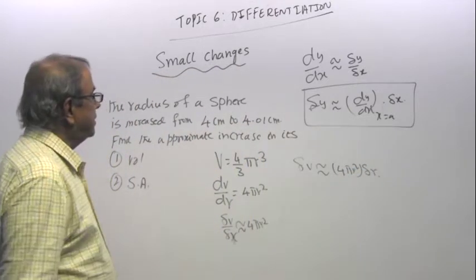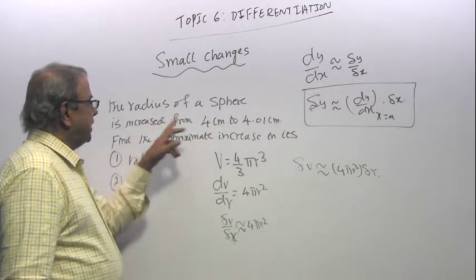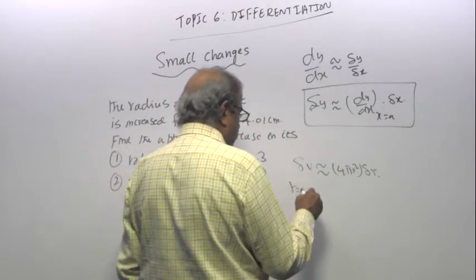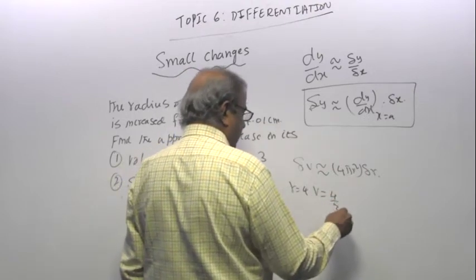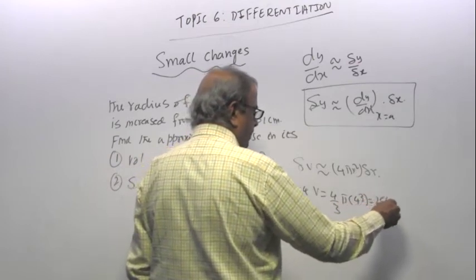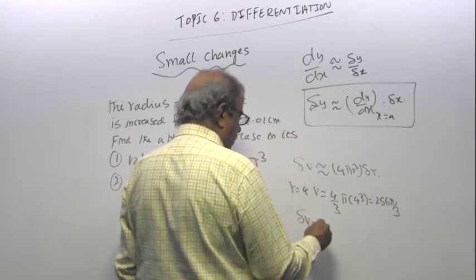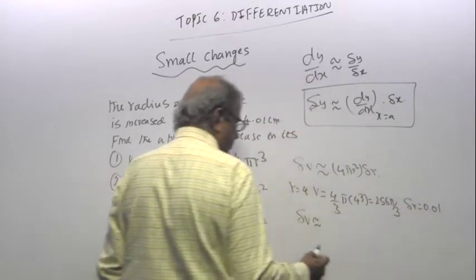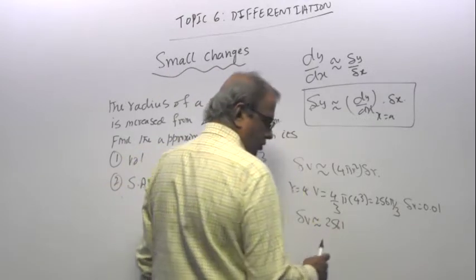You're being told that the radius of a sphere increases from 4 to 4.01. So at r equal to 4, volume is 4 over 3 pi times 4 cubed, so 256 pi over 3. Right? So the change in radius is 0.01. So the change in volume will be 4 pi r squared.